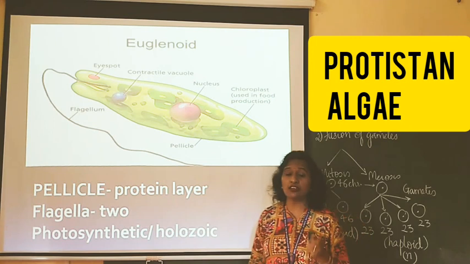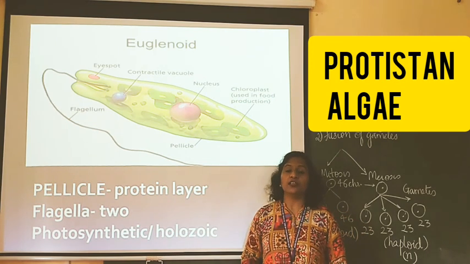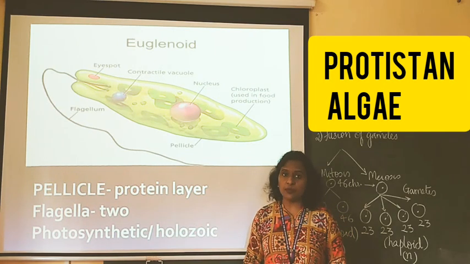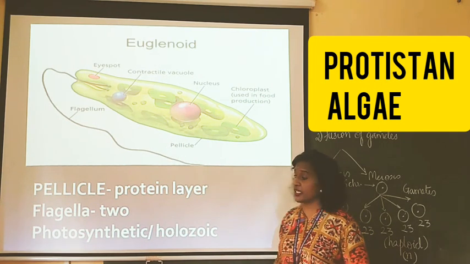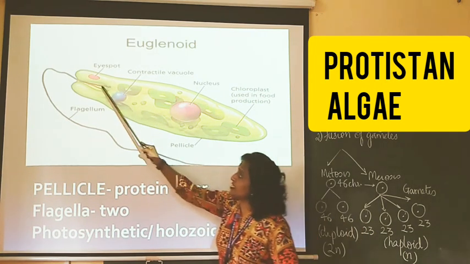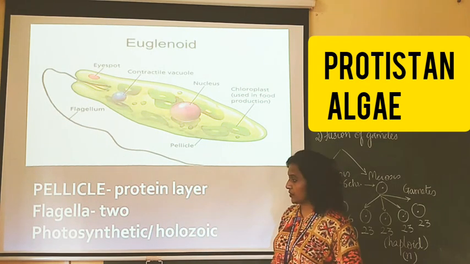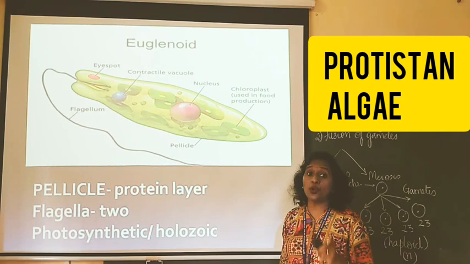Because of the presence of this layer, it helps these Euglenoids to move freely, or they are very flexible in their movement. Here also there are two flagella. One is very short and another one is longer. They are photosynthetic in nature and also holozoic.